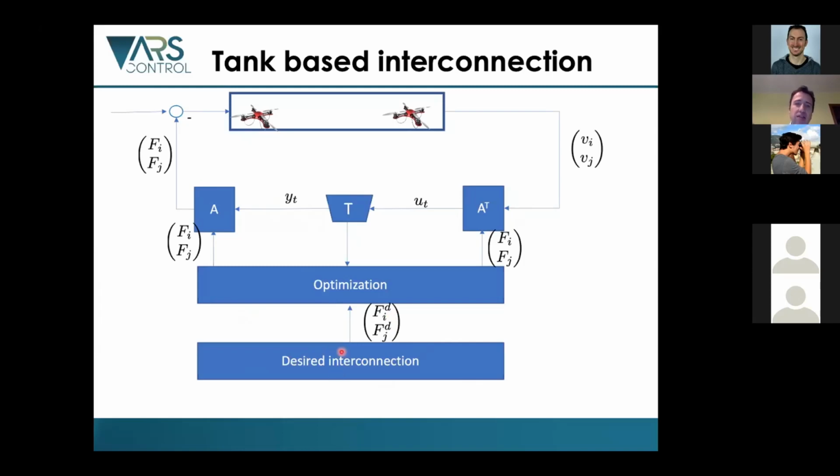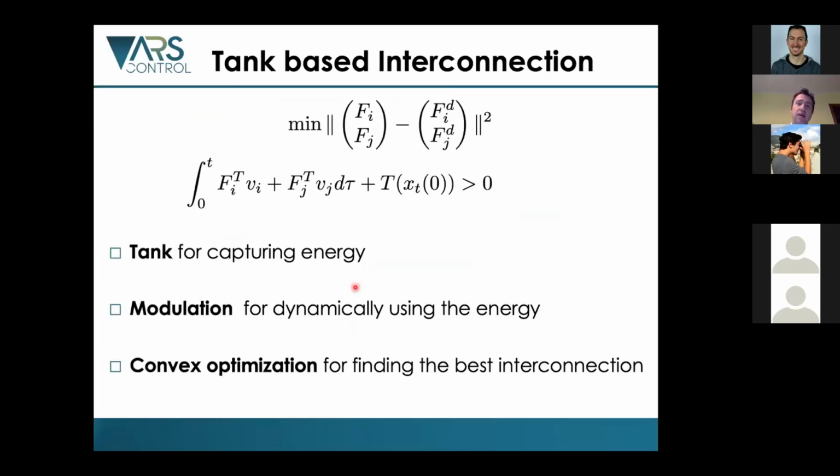So I have a desired interconnection, which is the pair of forces, the one that should be applied to robot I and the one that should be applied to robot J. And I have an optimization problem. The optimization problem takes as an input the desired interconnection and the energy available for implementing it. What you get is that you can use the energy in the tank by solving this optimization problem, okay?